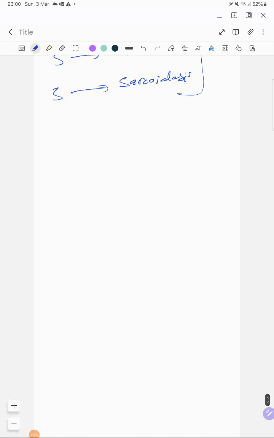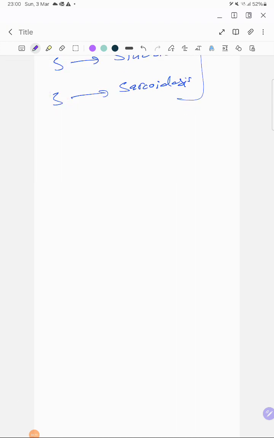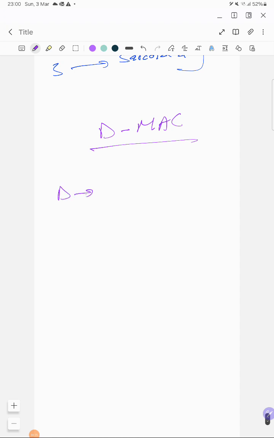Now, coming to the causes of lower lobe fibrosis, you can use this mnemonic, as I have told you, DMAC. D stands for drugs. And one of the most common drugs that can cause lower lobe fibrosis are amiodarone, methotrexate, and other medications as well.